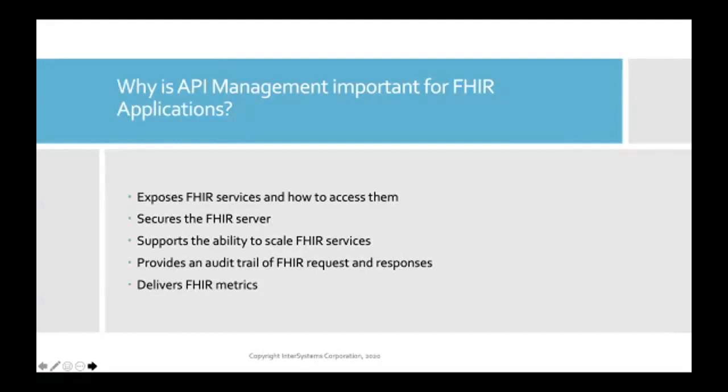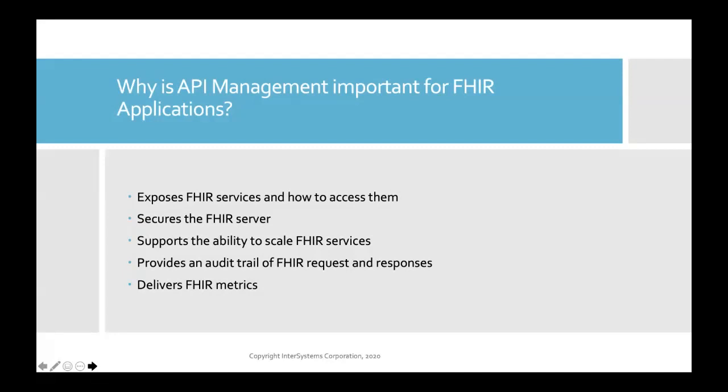So why is API management important for FHIR? Well, there's something called an API management lifecycle, and it starts with development and exposing what our FHIR servers can do, how to access them, making it easy for developers to know how to query or otherwise post resources to our server.